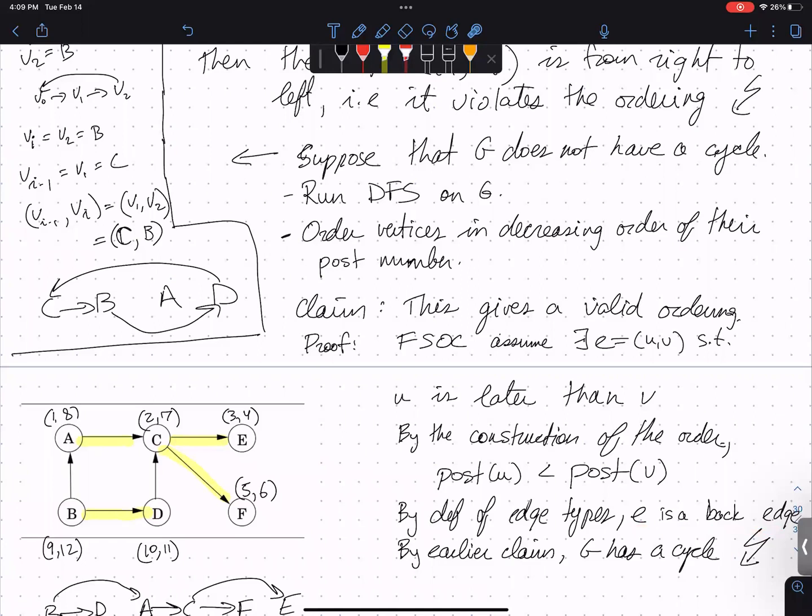So E is a back edge, then G has a cycle. Remember, we assumed that we started with G does not have a cycle, then we did a proof by contradiction. So we assumed there's this edge going from right to left. That gives us now the contradiction. If that happens, then there has to be a cycle. So if there is no cycle, then we could not have had this edge going from right to left.